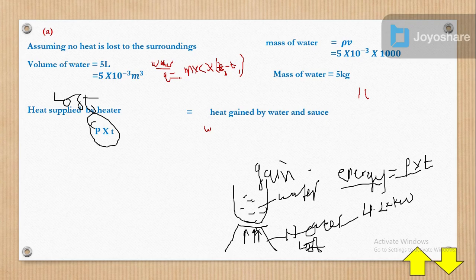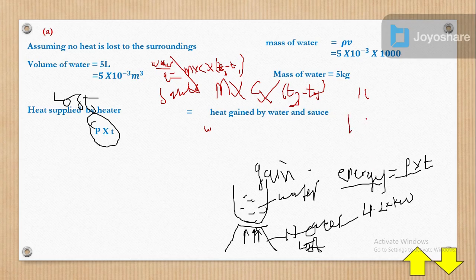For water that will be mass times specific heat capacity times the temperature difference. This will work for water and saucepan: mass times specific heat capacity C times (T2 minus T1). The saucepan and water, we shall use that method. That is for quantity of heat, or the amount of heat required.